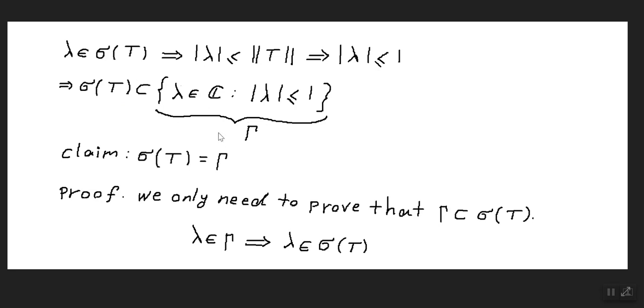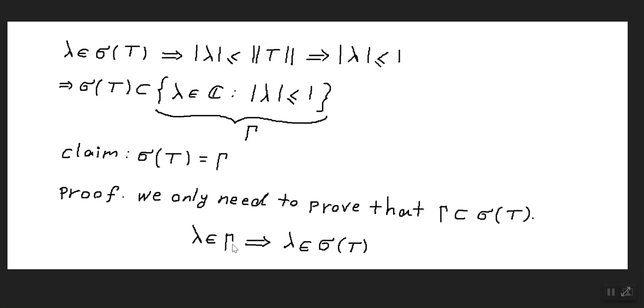So only the other inclusion is left: we have to show that gamma is a subset of the spectrum. If we show this, then we have equality, so the spectrum must be equal to gamma.